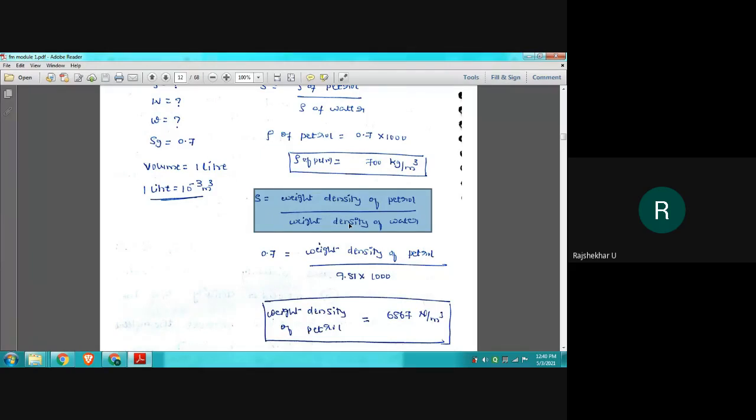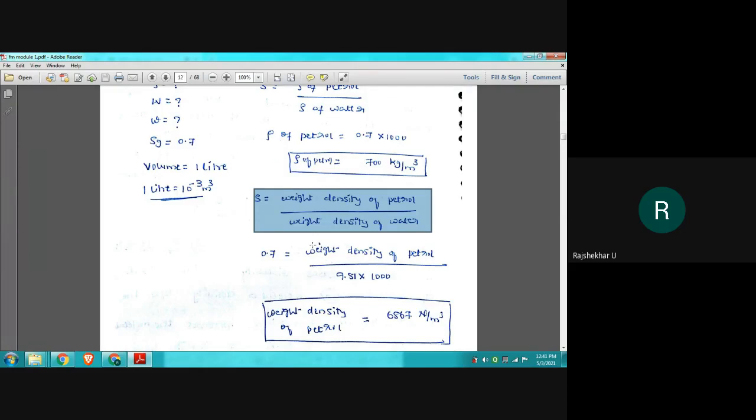From kg, if you want to convert to newton, we generally multiply by 9.81. Force is equal to m into g. The unit of force is newton, or weight is equal to m into g. G is the gravitational constant, 9.81.